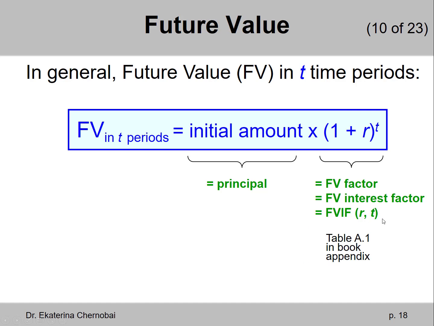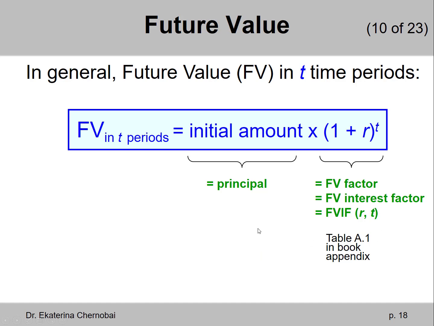There's actually a table at the end of the textbook, table A1, appendix 1, which shows in columns different interest rates in increments of 1%, 1%, 2%, 3%, and so on. I think all the way to roughly 20%. I would need to check.